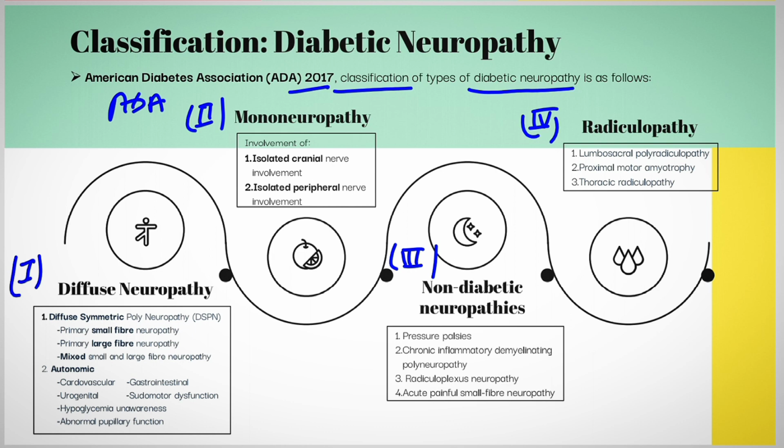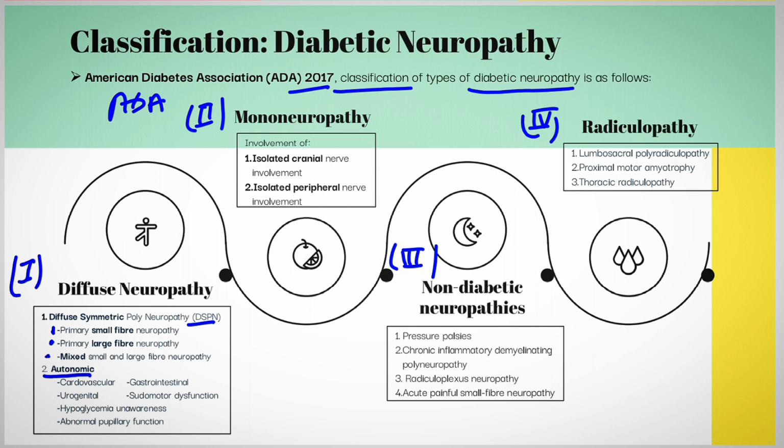Diffuse neuropathy can again be of two types: the diffuse symmetric polyneuropathy, DSPN, and the second one is autonomic diffuse neuropathy. This diffuse symmetric polyneuropathy can again be divided into three categories: the primary small fiber neuropathy, primary large fiber neuropathy, and the third one, mixed small and large fiber neuropathy.